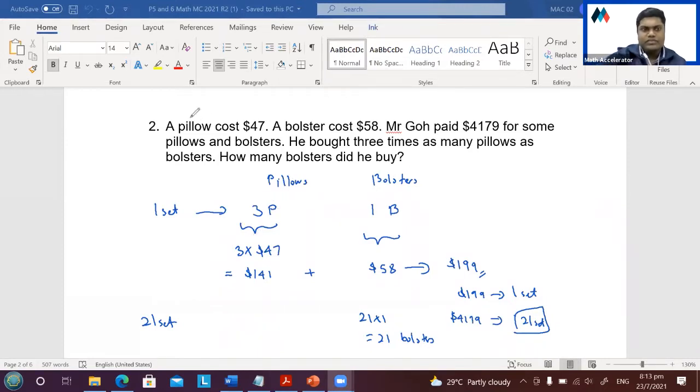Okay, for those of you who are asking the answer for question 1, the answer is 20 50-cent coins, okay? That's all. Okay, so take some time to copy down before I move to the next one.